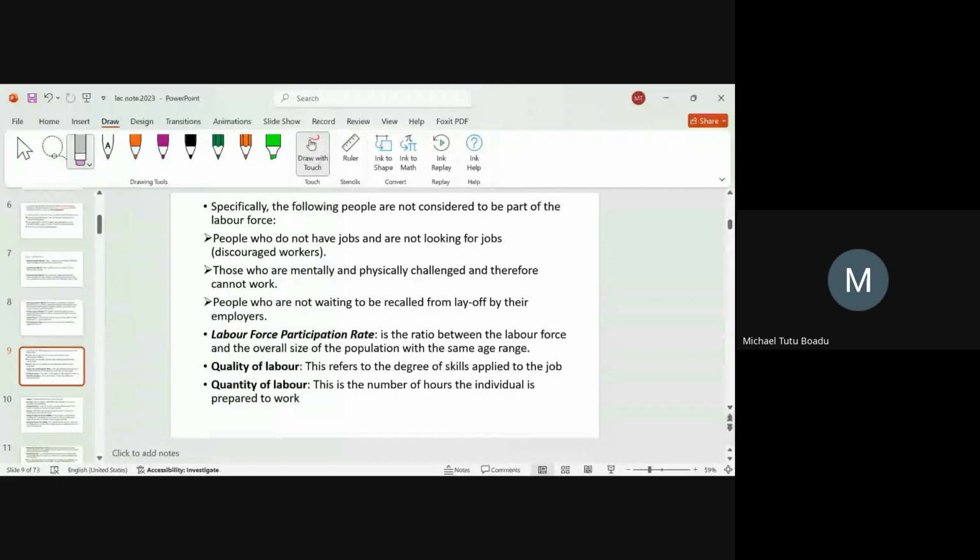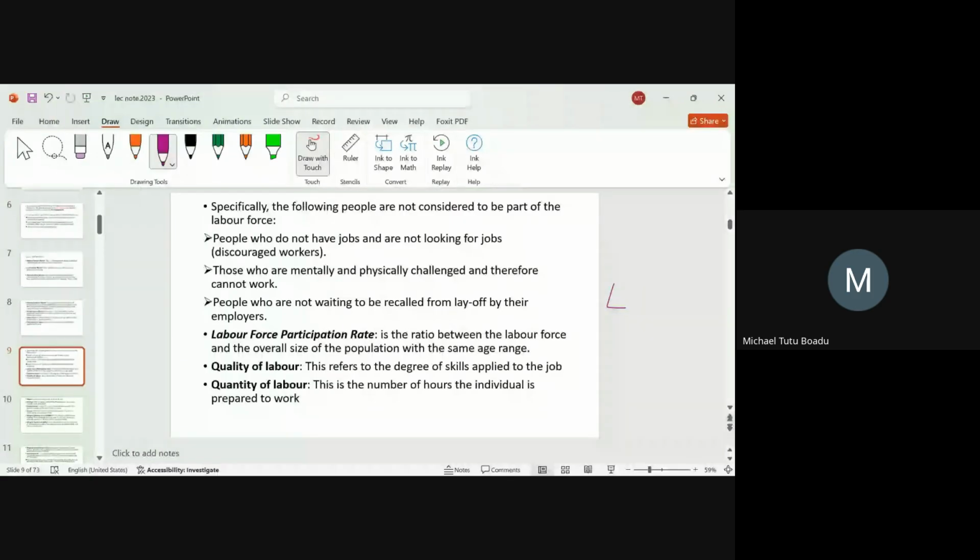People who are not waiting to be recalled from layoff by their employers are also not part of the labor force. Then we have the labor force participation rate. It is the ratio between the labor force and the overall size of the population.